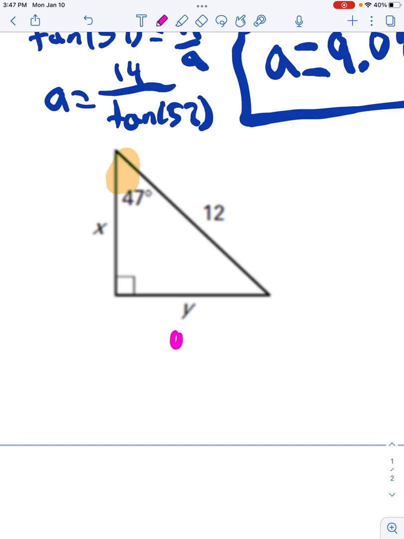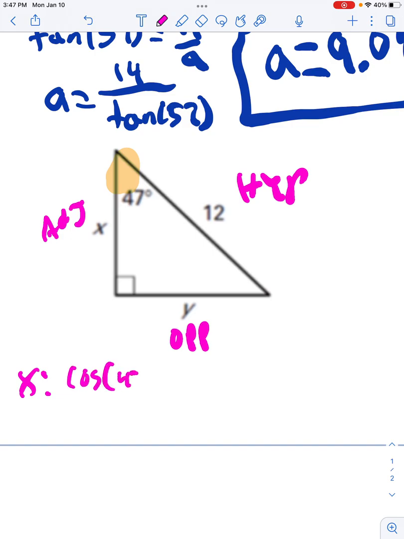All right, let's see here. My reference angle, opposite, hypotenuse, adjacent. I'm going to solve for X first, and I want to use hypotenuse and adjacent. SOHCAHTOA: cosine uses adjacent and hypotenuse.